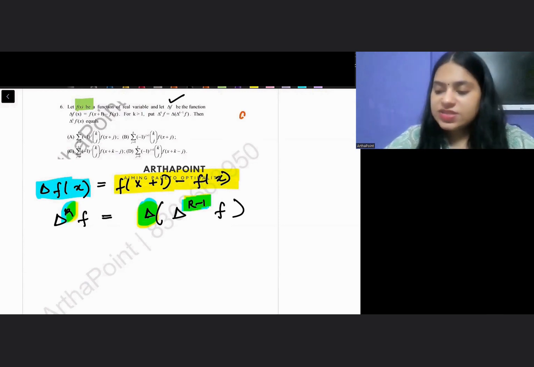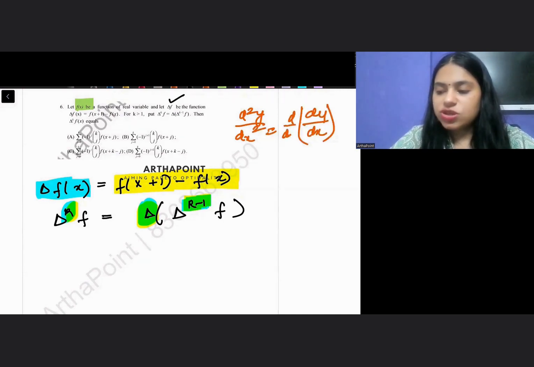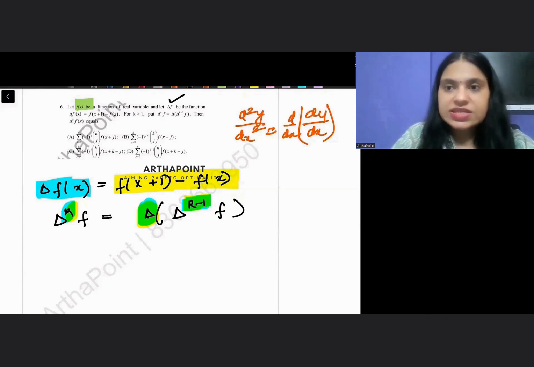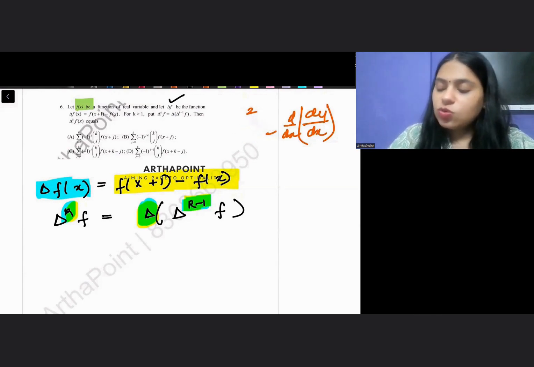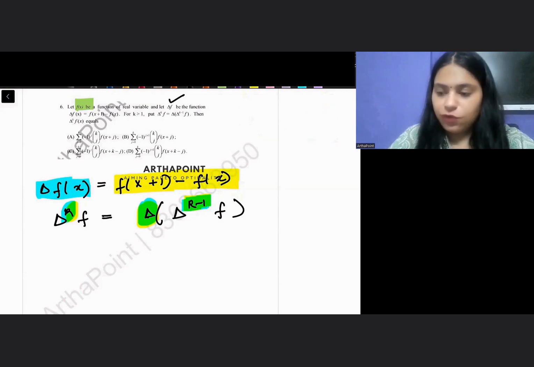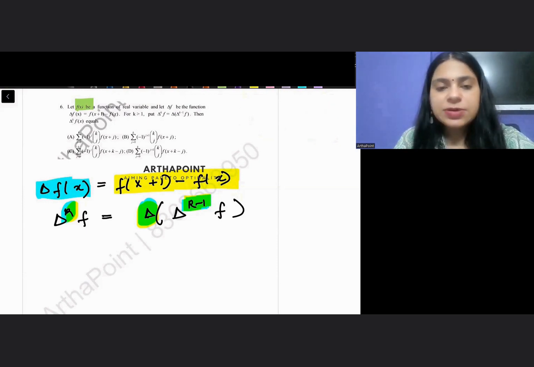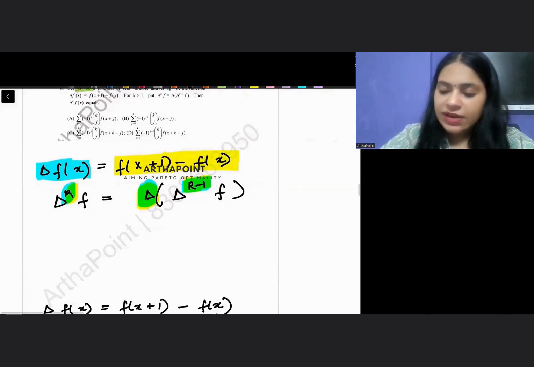So if I were to find the second derivative, for example, what will I do? I will first find the first derivative and then I will just differentiate this again. So even this aspect makes sense, right? So if I were to go by that definition, what will happen in this case, beta? We will have to see.